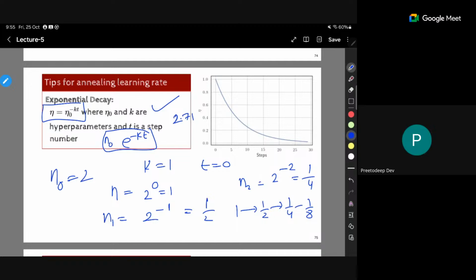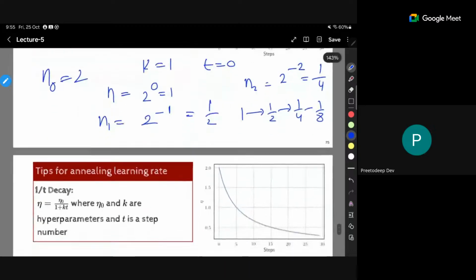You can arrange it in some way so that you might end up with this formula. It's not that different, but for this course we'll go with the mentioned formula: eta is equal to eta 0 minus k.